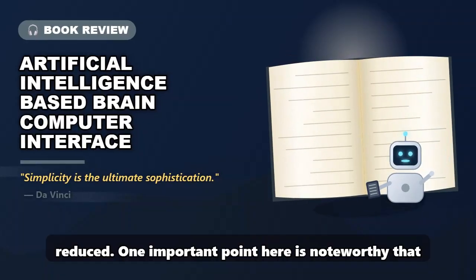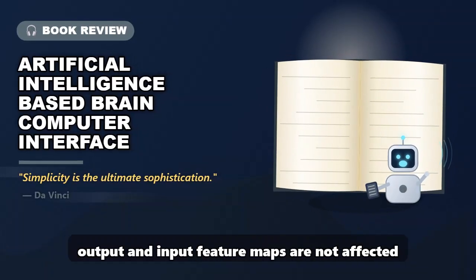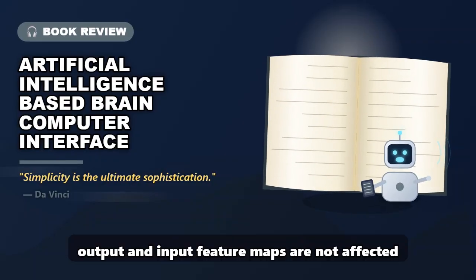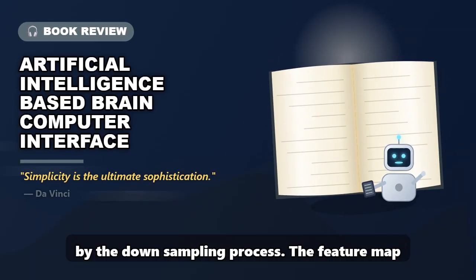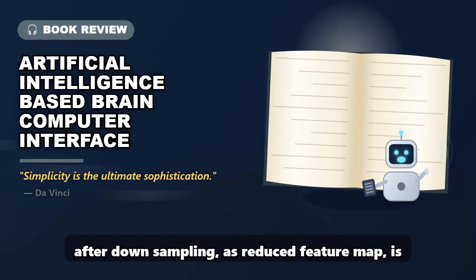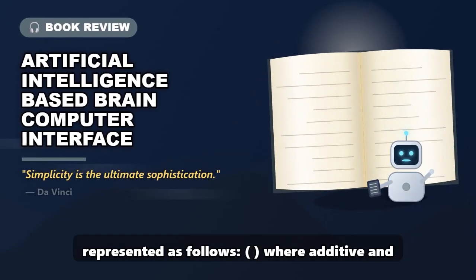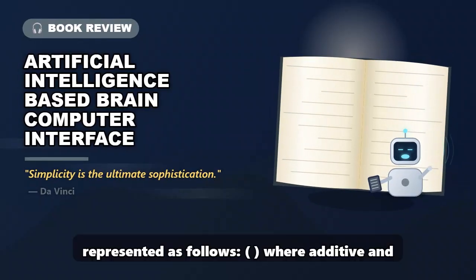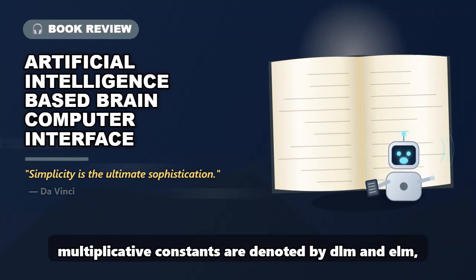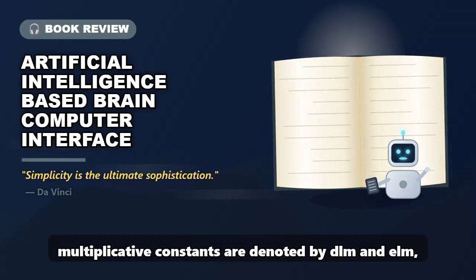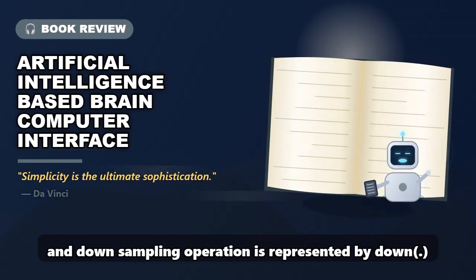One important point noteworthy here is that output and input feature maps are not affected by the downsampling process. The feature map after downsampling, as the reduced feature map, is represented as follows, where additive and multiplicative constants are denoted by DLM and ELM, and the downsampling operation is represented by down.